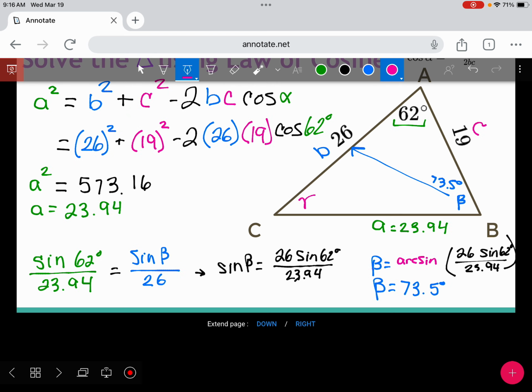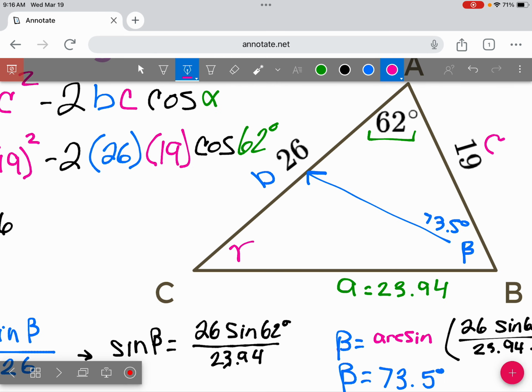So what do we get for gamma? 44.1. 44.5. Because all of the angles in a triangle add up to be 180. There we go. Cool. Then I just make sure it gets in the system right.